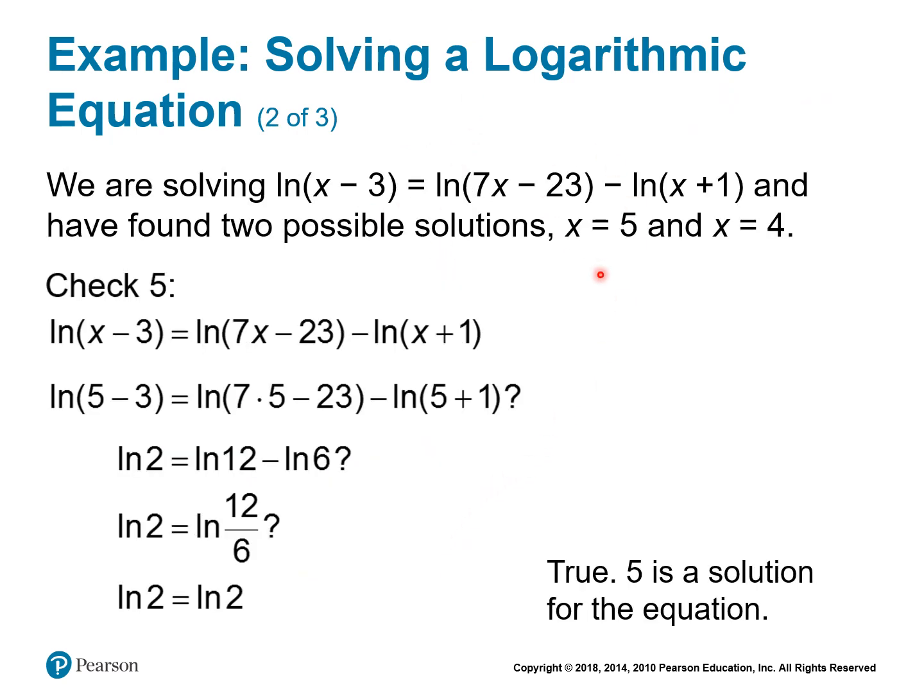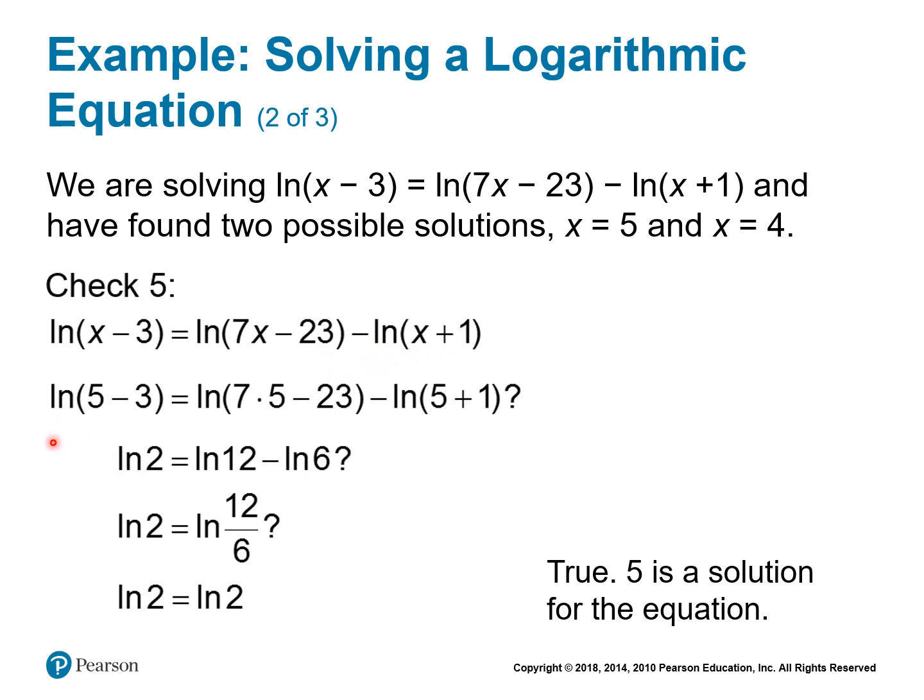So we have found the two solutions of x for this equation, and now we have to take each solution, plug it into the original equation, and see whether both sides equal each other when we plug that value in. So we start with x equals 5, and we plug it in wherever there is an x in the original equation.